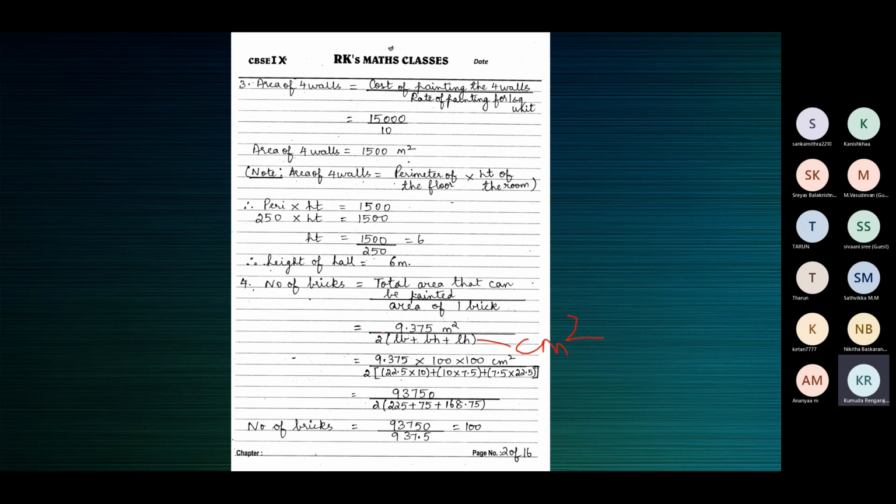Because why in centimeter square? Because length, breadth, height, all are given in centimeter. So that area will be in centimeter square. While in the numerator, we have the area in meter square. But you cannot do this division. Both the numerator and the denominator must be in the same unit, meter or centimeter, whatever, same unit everywhere. In one particular calculation, everything should be in the same unit.